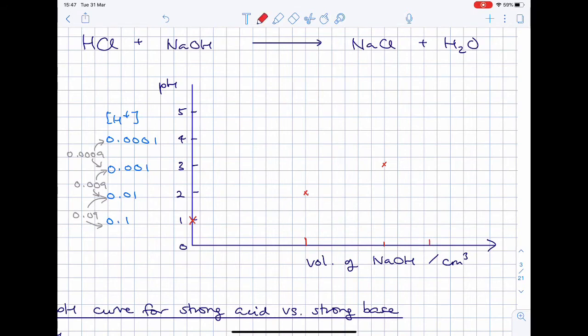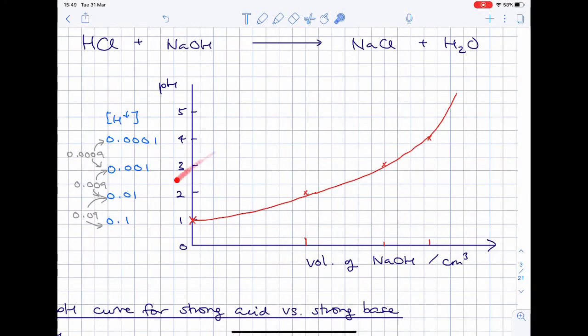Let's say I get to there to get to pH 4, and so you can see this is not a linear increase. It increases steeper and steeper. So I don't think you would need to explain the shape of this curve, but it's nice to understand why it's not a straight line.